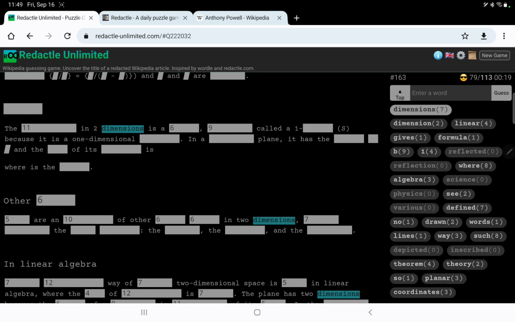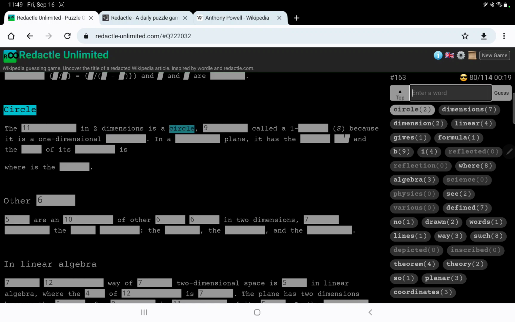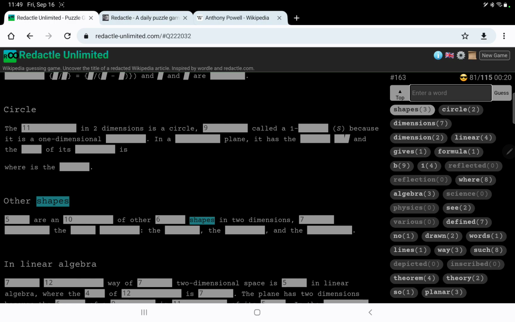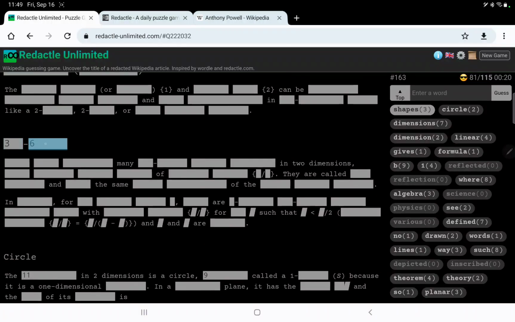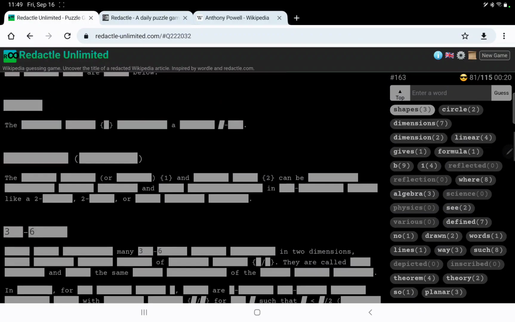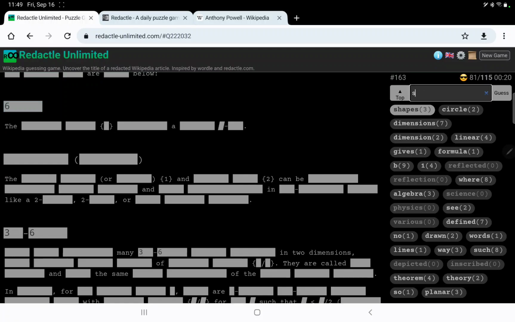The something in two dimensions is a circle, maybe? Aha, oh, okay. And then maybe other shapes. Yes. Do we have squares?